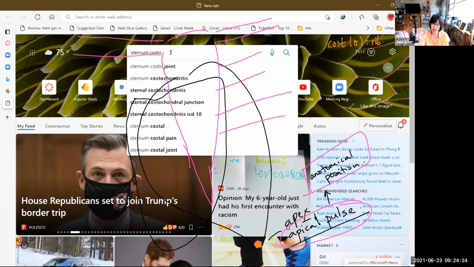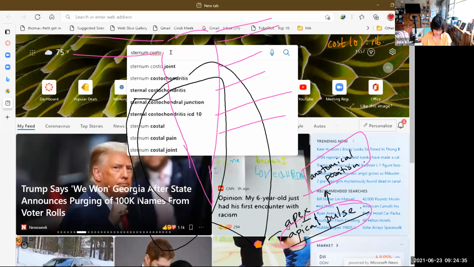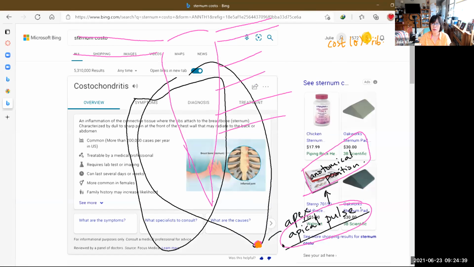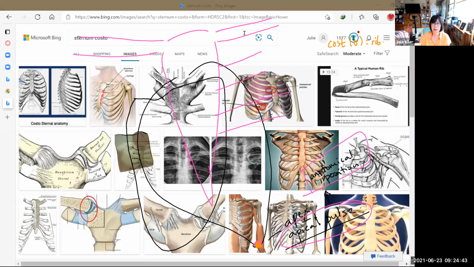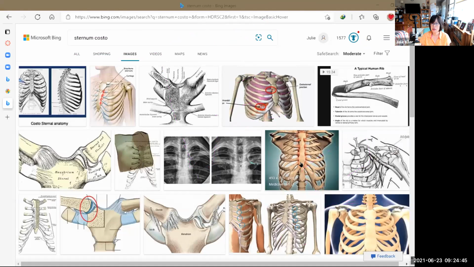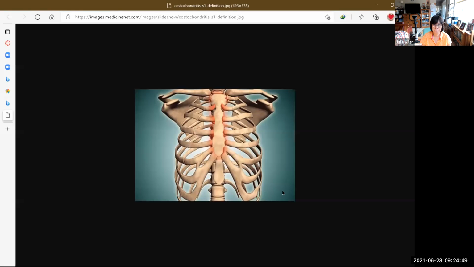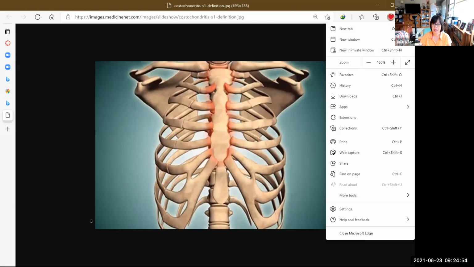In fact, that's also a good place to listen for S1 of the heart sound. So we're going to clear this first. Let's see this area here.